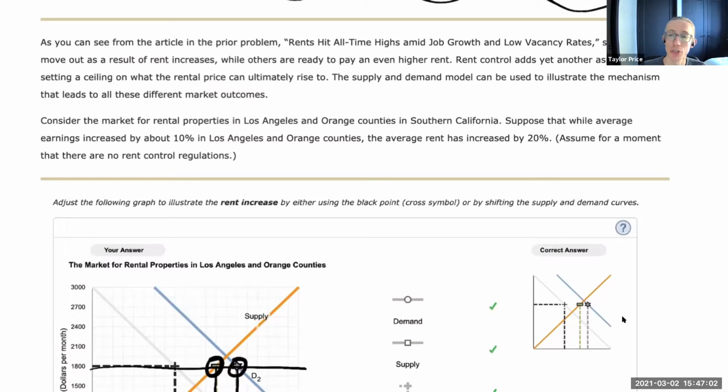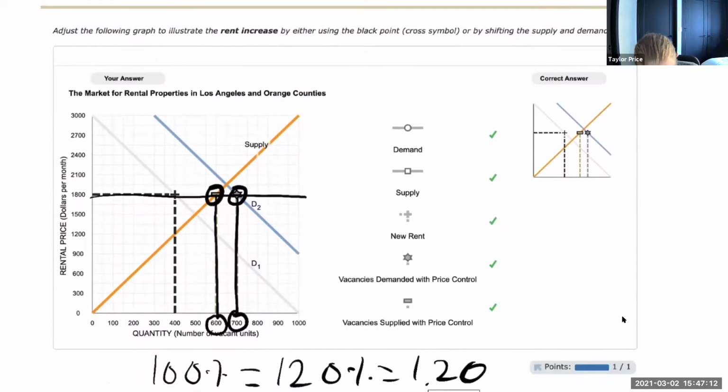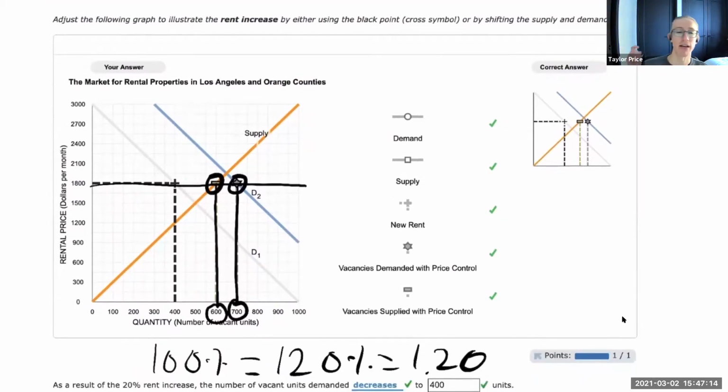So then the next question, and this was actually a very, very complicated one, was the news analysis on the rental market in LA and Orange County. This one is basically asking you, what is the rent increase?